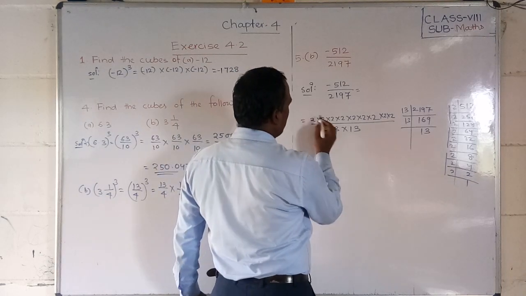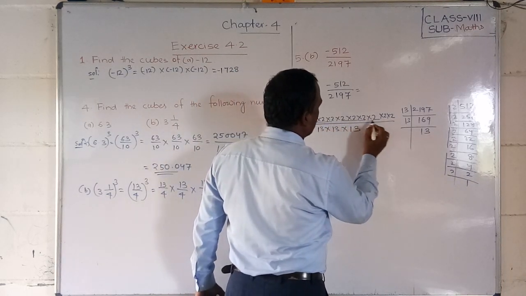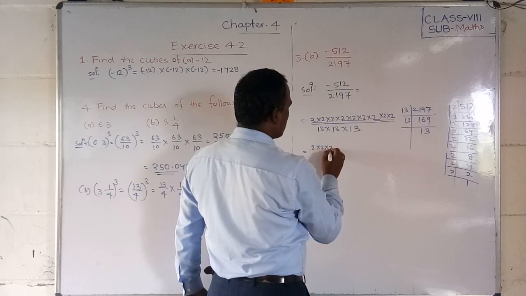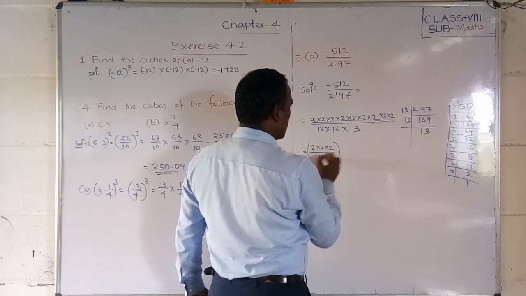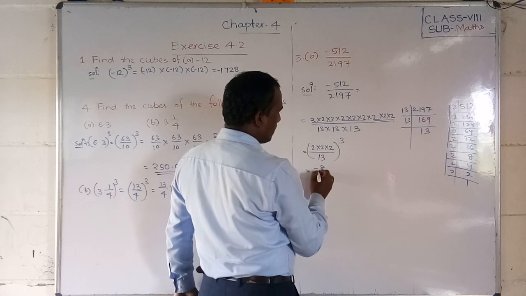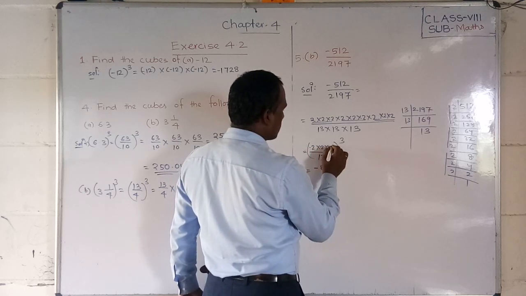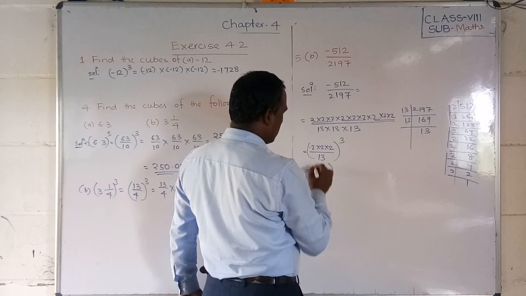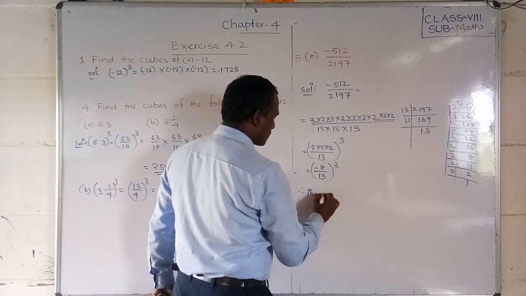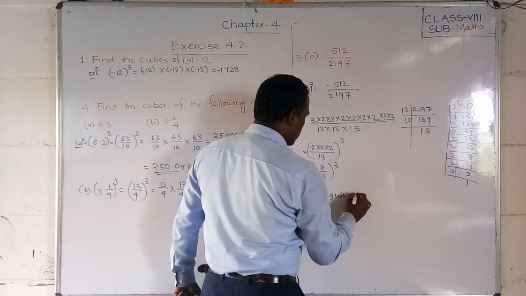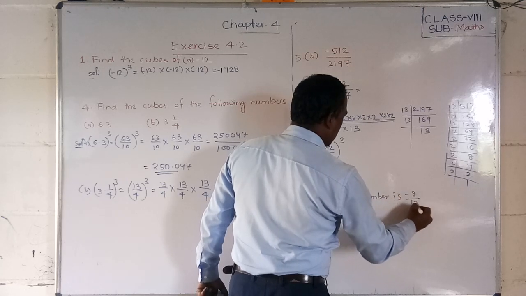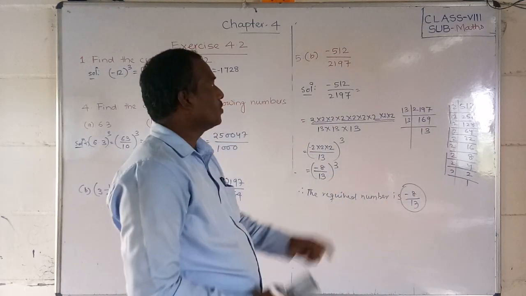So grouping the factors, we get 2 into 2 into 2, which is 8, by 13 whole cube. We can put the minus sign here, no problem: minus 8 by 13 whole cube. Hence the required number is minus 8 by 13. That means the cube of this number is the given number.